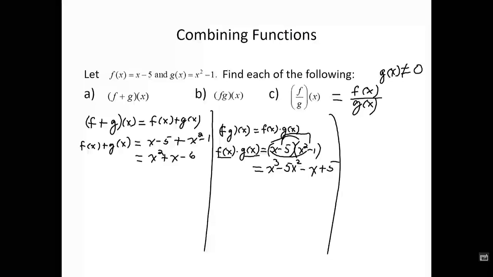So let's see what happens when we attempt this division. f of x is defined to be x minus 5, divided by g of x, which is x squared minus 1. So this is the quotient, f of x over g of x.